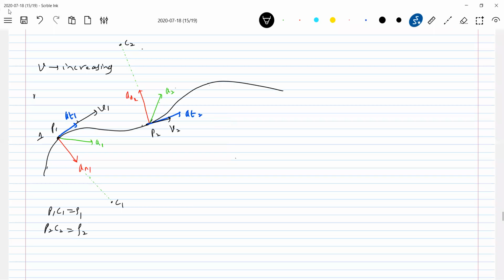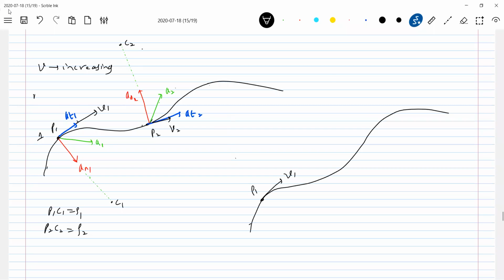This is for speed increasing. For speed decreasing, what changes will you make? The same curve, if the speed is decreasing. Finally, can we describe the path of the mosquito? Yes, that's what we have finally reached.